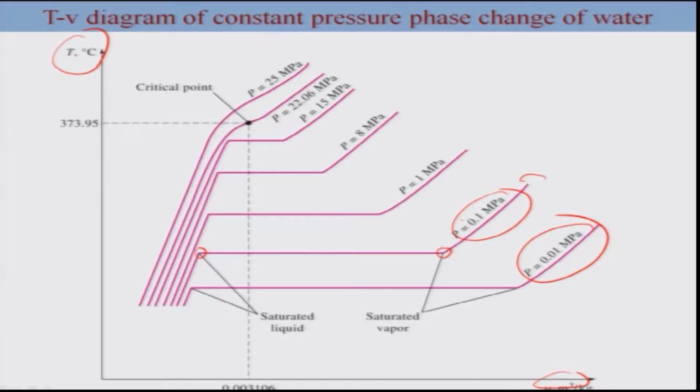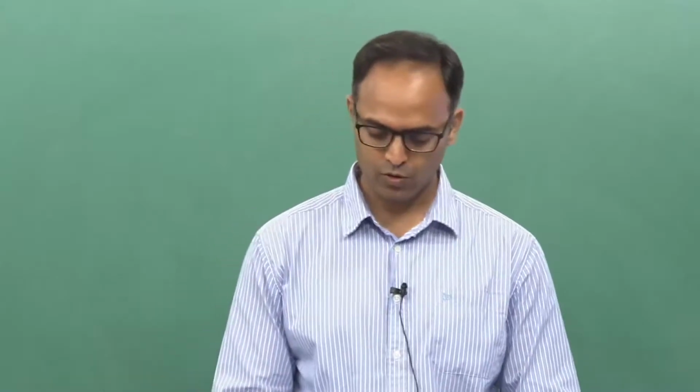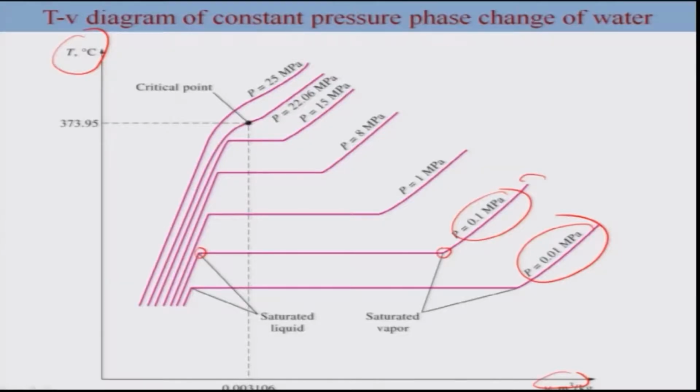You see that there is a positional change of saturated liquid and vapor. Saturated liquid is shifted to the left, saturated vapor is shifted to the right. So you see the vapor volume is more, the liquid is less, right? Or in other words, this difference is more at a lower pressure, and the difference between these 2 points decreases as you increase the pressure.